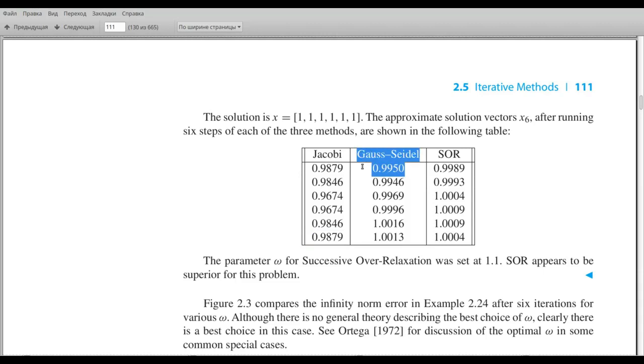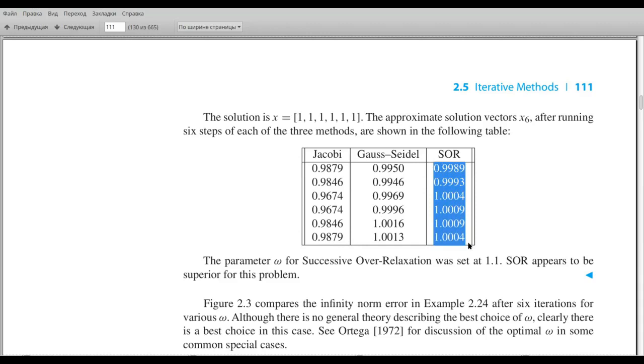Because it already uses updated information from the previous steps. You see, it's getting closer and closer. But what will happen with this overshooting method, so-called successive over relaxation, when you overshoot a little bit in the direction of the Gauss-Seidel method? You're getting even faster convergence.